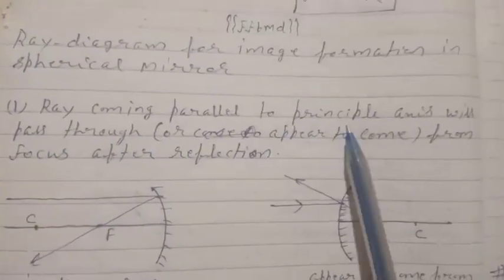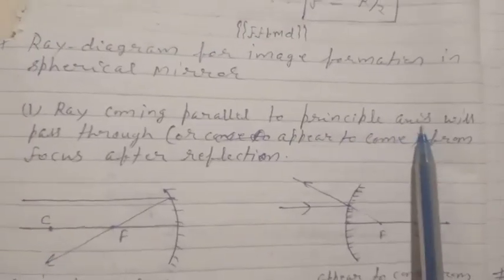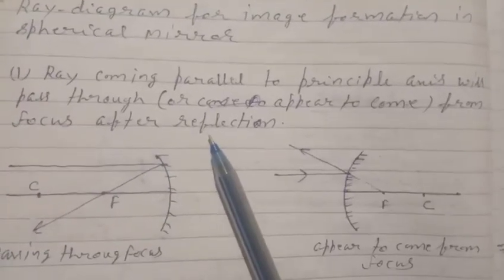Now, ray diagram for image formation in a spherical mirror. Here we will learn the rules for making a ray diagram in a spherical mirror. The first rule is that a ray coming parallel to the principal axis will pass through, or appear to come from, the focus after reflection.